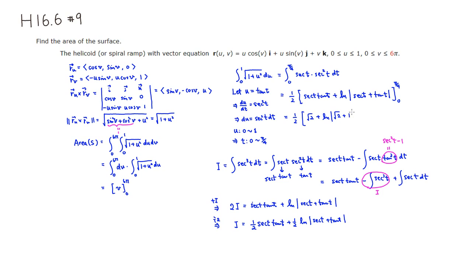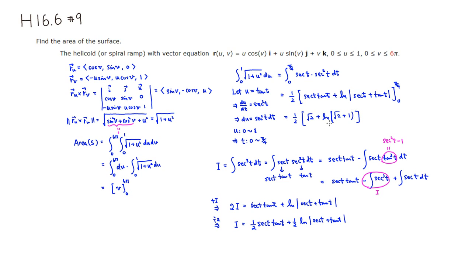Since this is positive, we don't really need the absolute value there. Minus, if you plug in 0, tangent of 0 is 0, and secant of 0 is 1, but the natural log of 1 is 0, so the whole thing is 0.